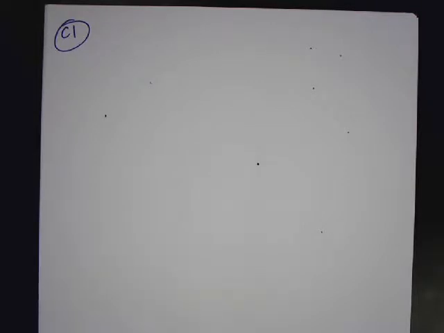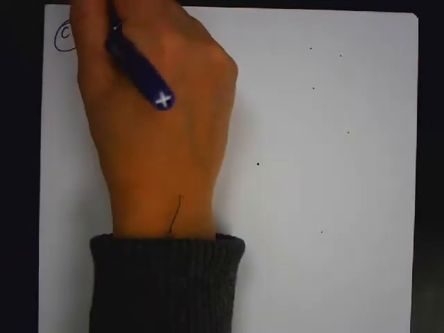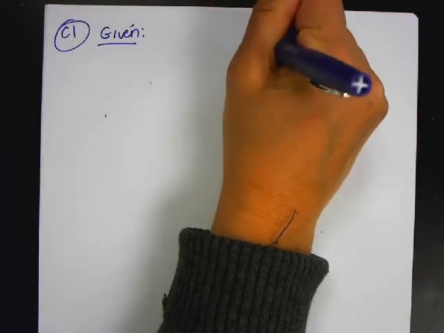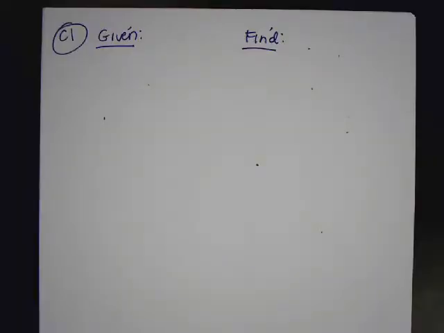Okay, so let's look at C1. It says the image of a crayon. So we're going to write our given, and then we're going to write what we want to find. It says the image of a crayon appears to be 23 centimeters behind the surface of a convex mirror.